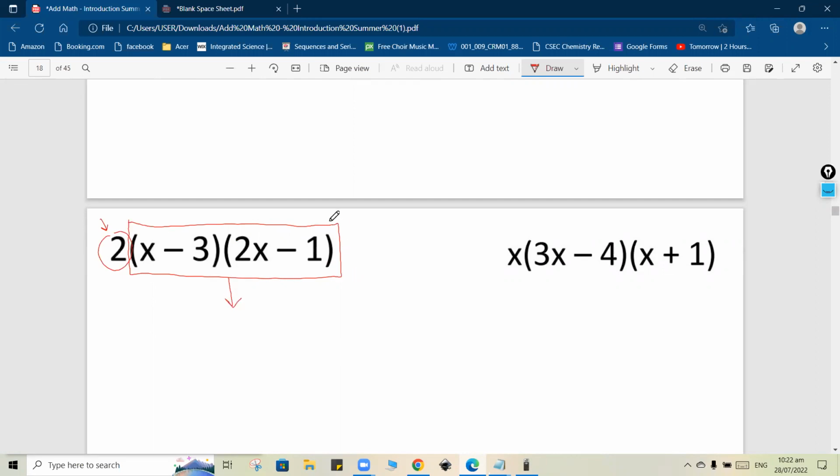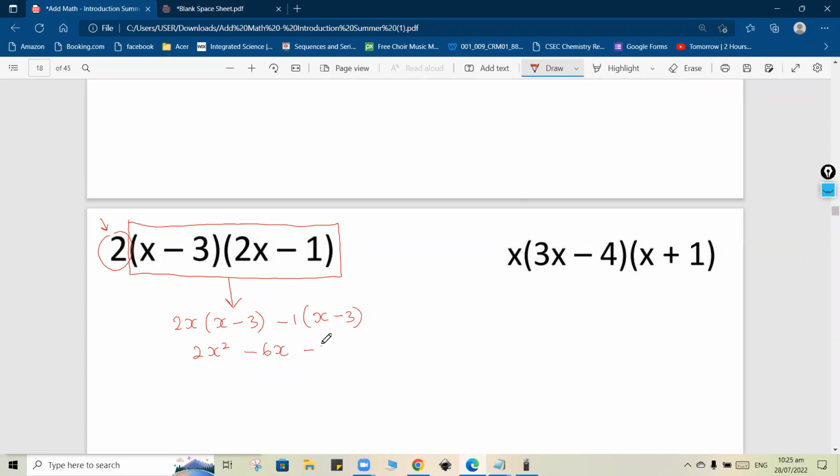Do the rectangle first. Let's see what we get for the rectangle at least. We're going to take the 2x and multiply it by x minus 3, and then take the minus 1 and multiply by the x minus 3 again. 2x by x is 2x squared. 2x by minus 3 is minus 6x.